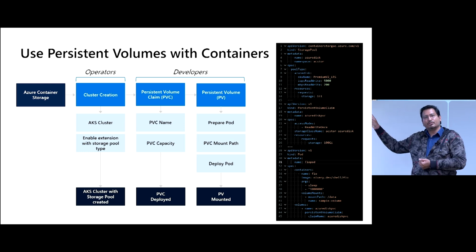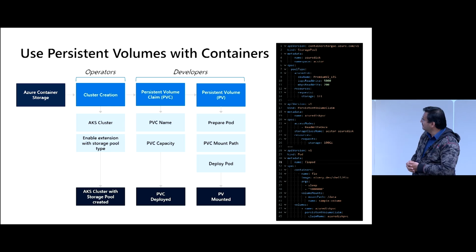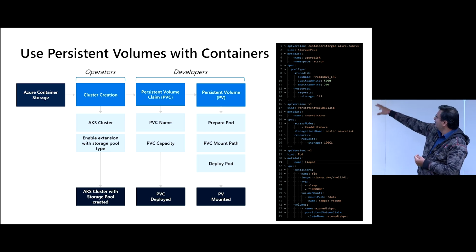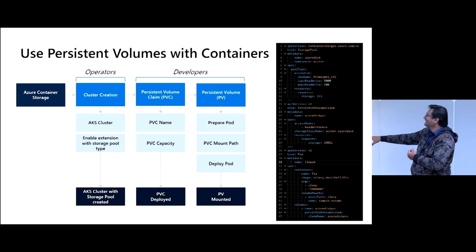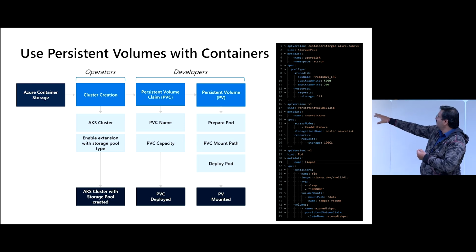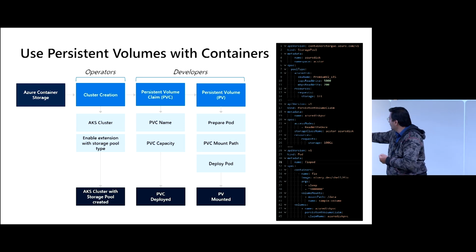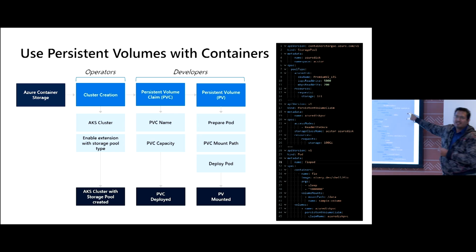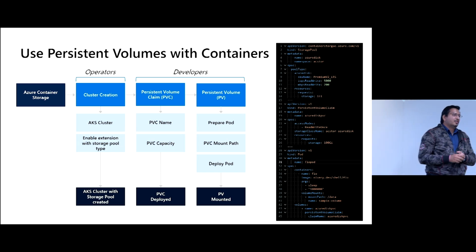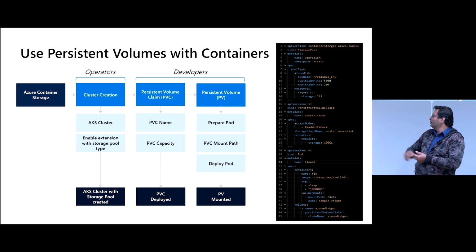With AZ Store, you still follow the same process. The only difference is, I've got some sample code here. It's working code. I tested it myself yesterday. You can see the storage class name on line number 23. Instead of using something like managed CSI, you now point it to Azure AC Store Azure Disk.